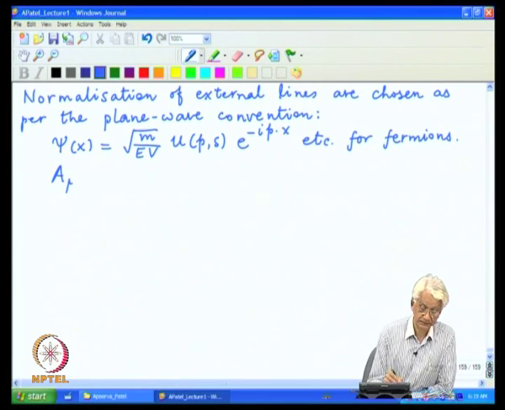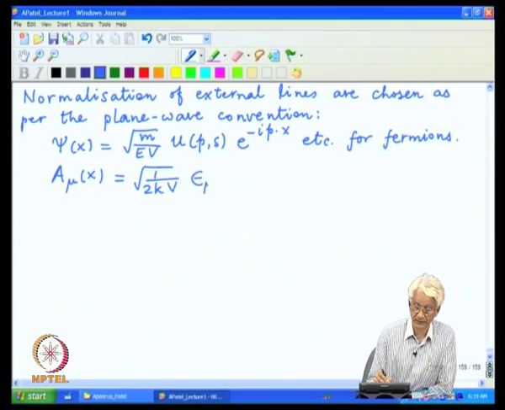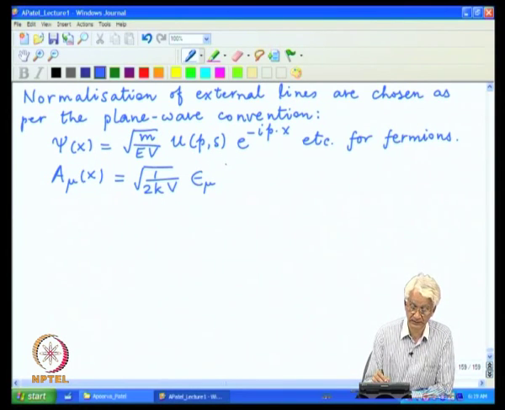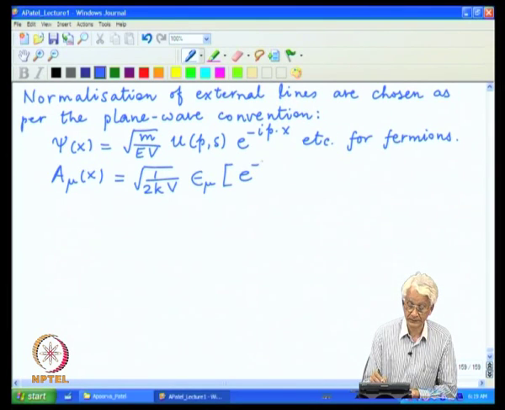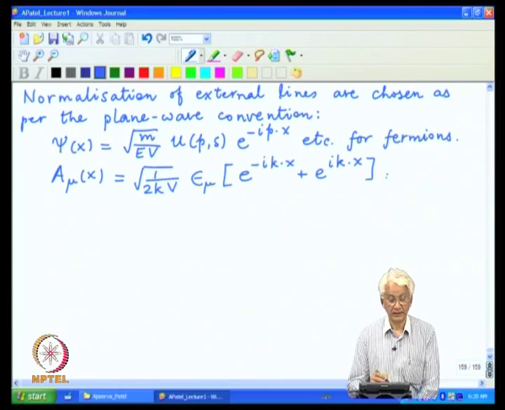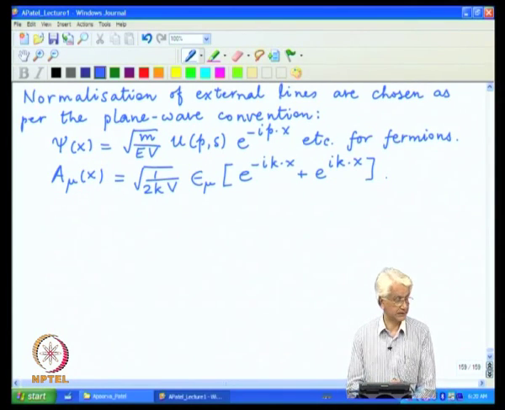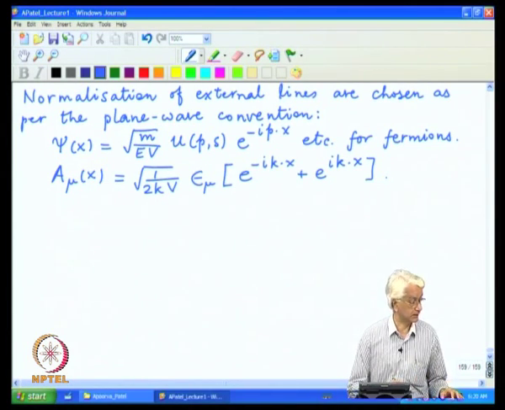And for the photon, we have written formula which I will repeat. It is 1 over square root of 2 k V, epsilon mu, giving the polarization tensor, and then the two forms, either the positive energy part or the negative energy part.